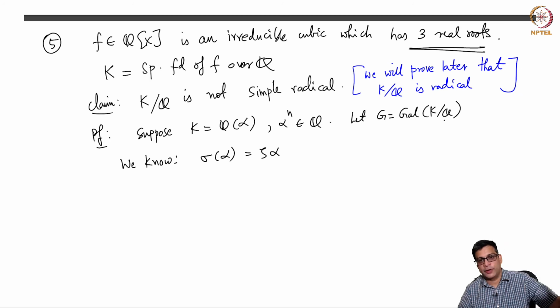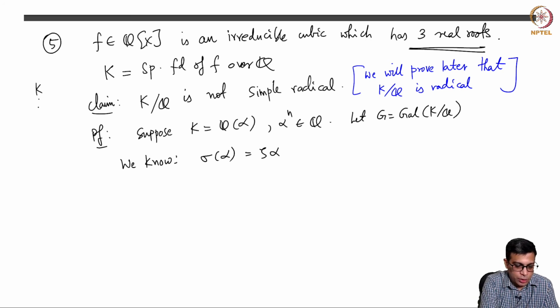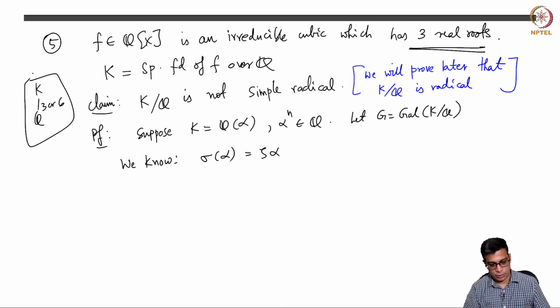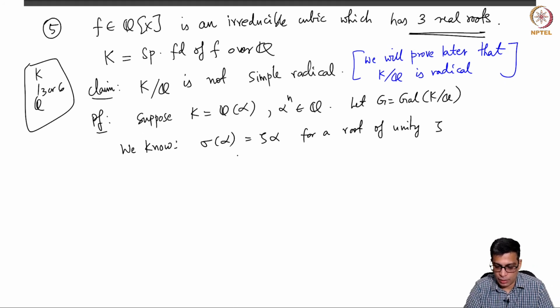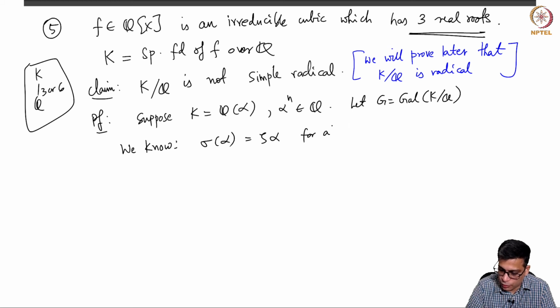We know actually from our analysis earlier that G is either a cyclic group of order 3 or G is S3. So take that, because K over Q is 3 or 6. Okay, so it depends on the polynomial which case occurs, but it is either 3 or 6, for a root of unity, in fact an nth root of unity.